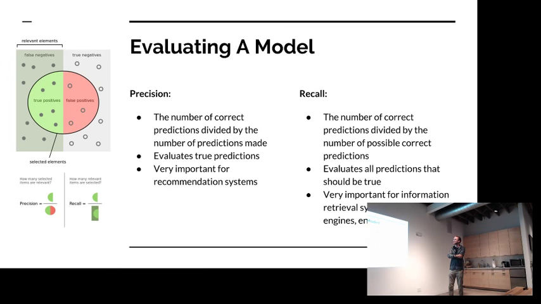The example I like to use when thinking about this is search results. Say you query scary movies, and you know that these 10 movies are supposed to be the top 10 search results returned to you by your machine learning algorithm. Precision would just be, of the 10 results returned by your algorithm, what percentage of those results are correct.